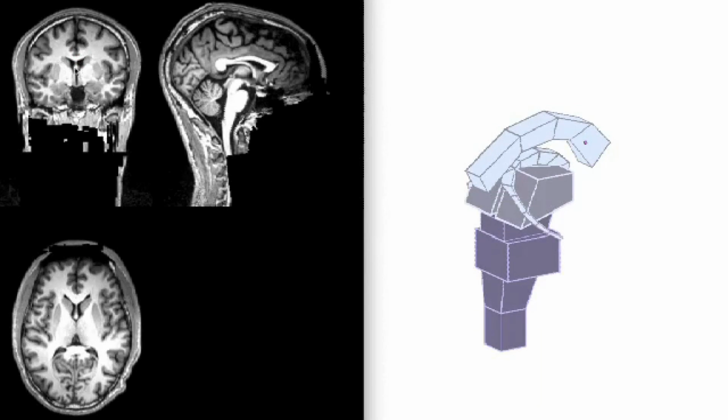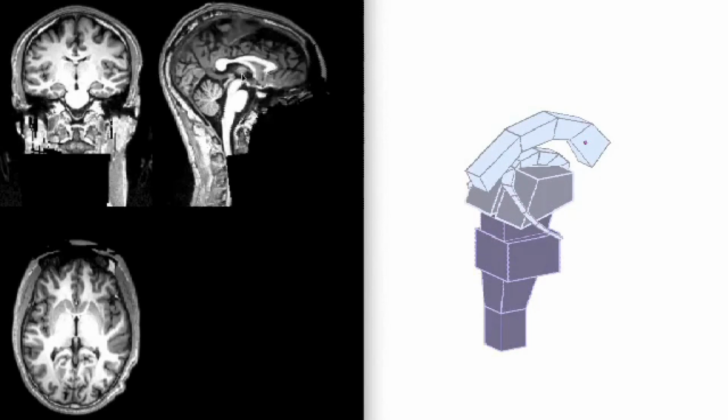There's the fornix just beneath it. And these dark areas here are the lateral ventricles. Now, running between the corpus callosum and the fornix and separating the 2 lateral ventricles is the septum pellucidum.